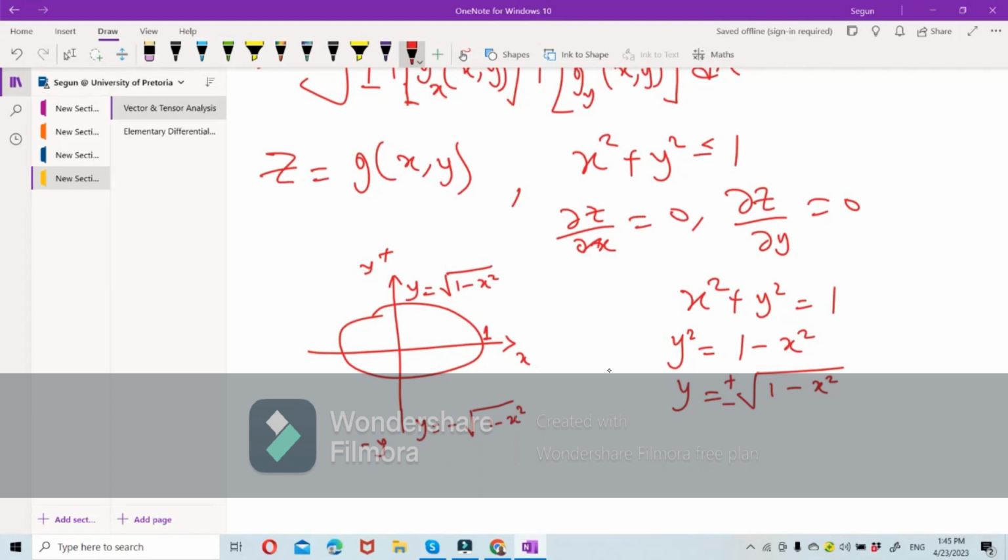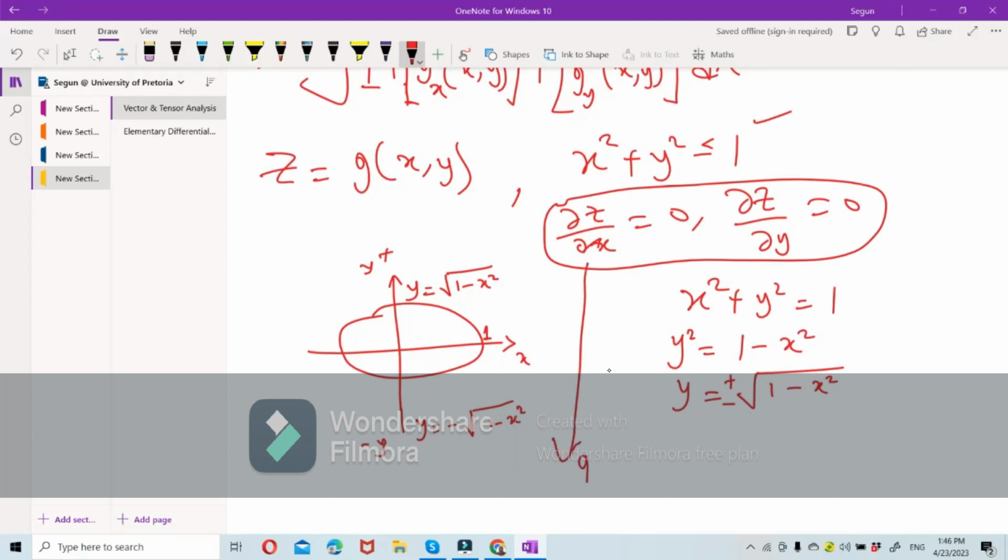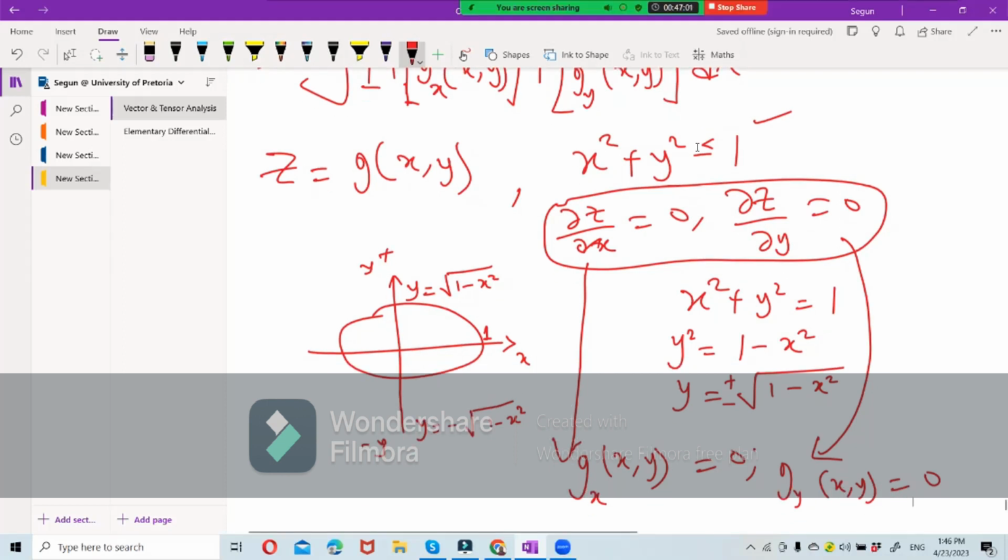But don't forget that when we differentiate this, inside this, what do we have? We have 0. This simply means g subscript x of x comma y equals 0. Then the second one simply means g subscript y of x comma y equals 0. So you can go ahead and substitute it into your formula. What do you have here?